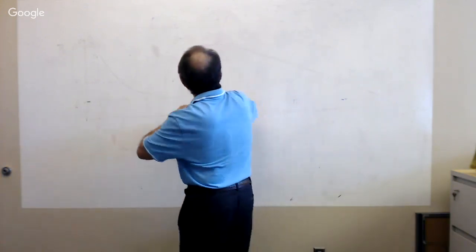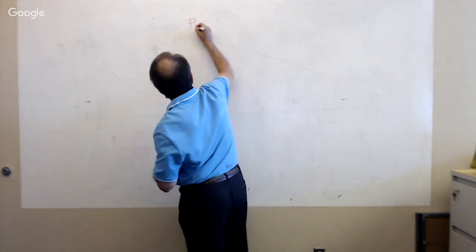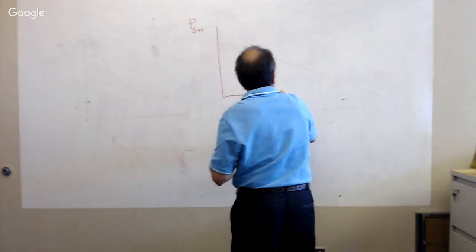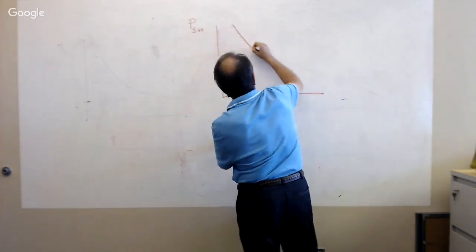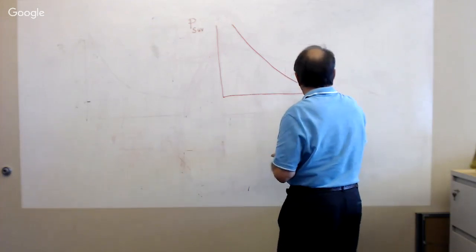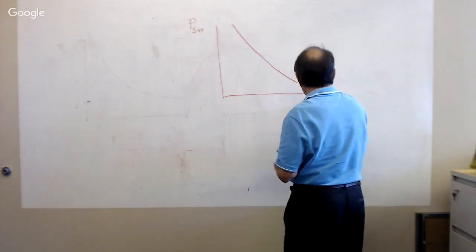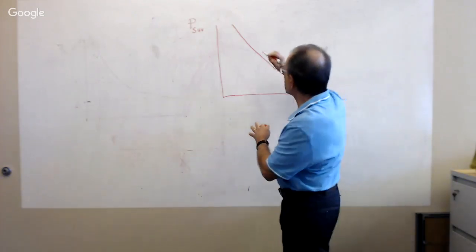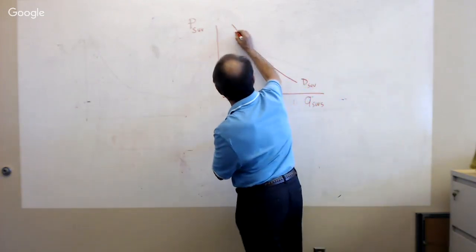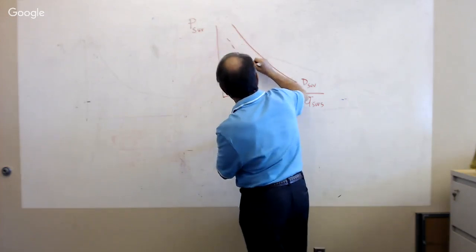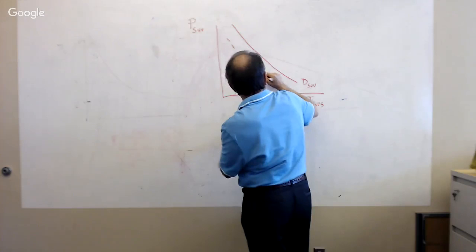Let's say here's the price of an SUV, and here's the demand curve for SUVs. Here's the quantity of SUVs. And suppose that something like this were to occur, where the demand curve shifts back.